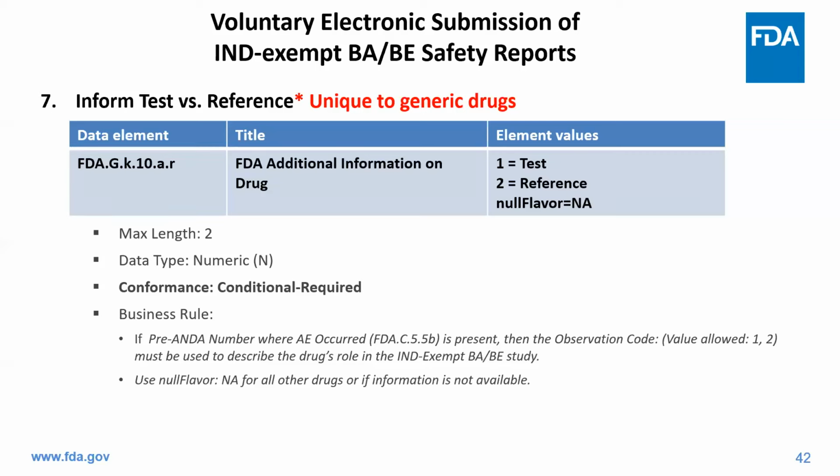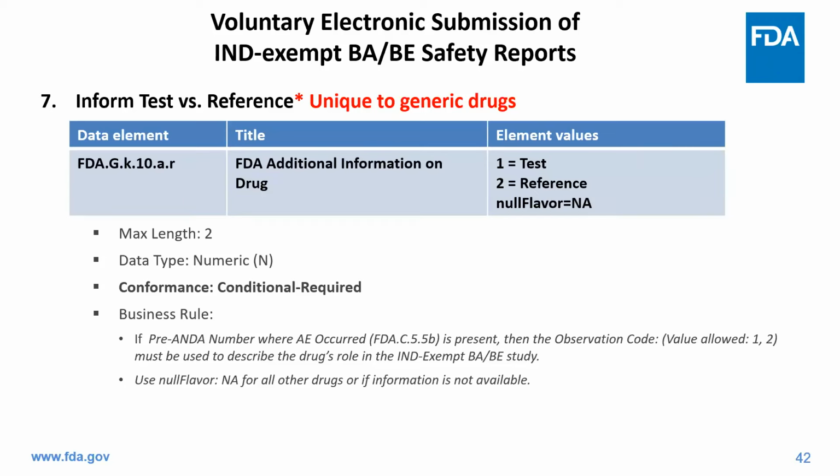There is a regional data element titled FDA additional information on drug. This is a data element with a maximum length of 2 and a numeric type data with the conformance rule of conditional required, meaning that if FDA C55B includes a pre-ANDA number, any drug exposure is required to have at least one of these data elements listed in the table.